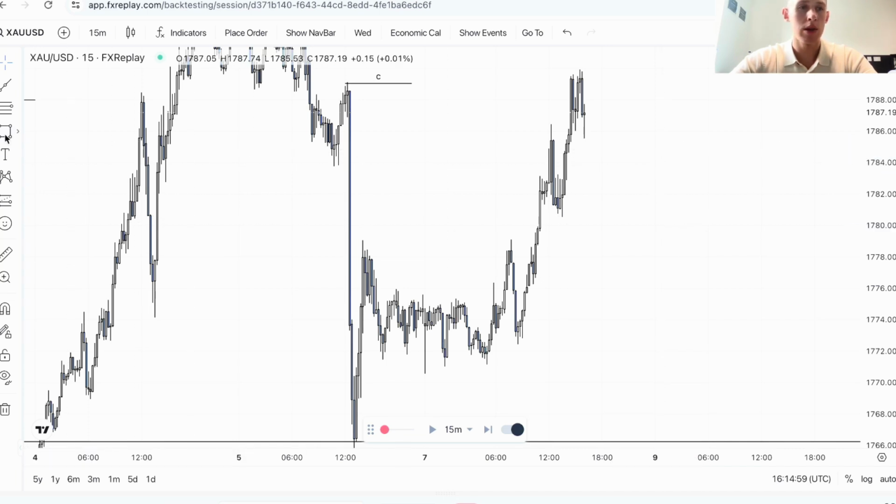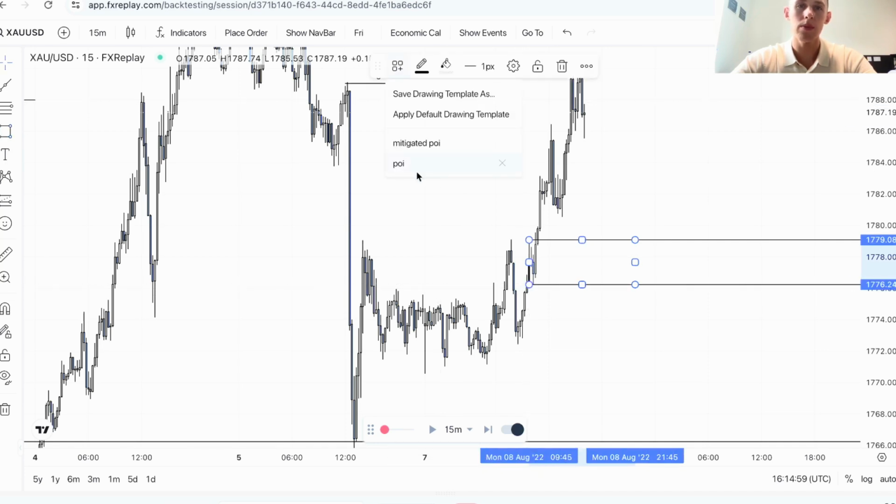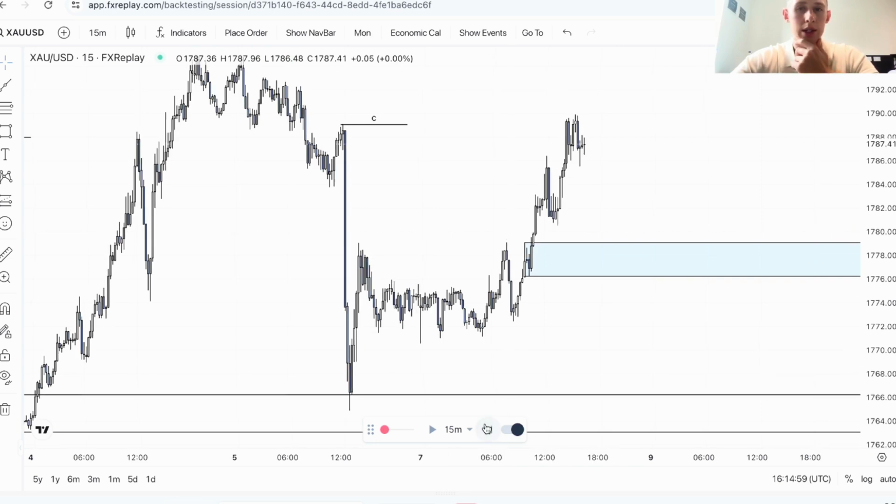So at the moment, I'm seeing this potential area of demand below all of this. Let's see if it starts to pull back.